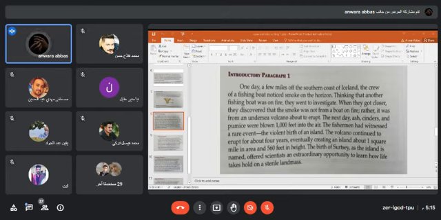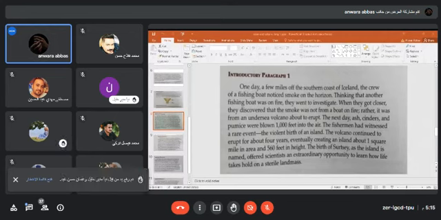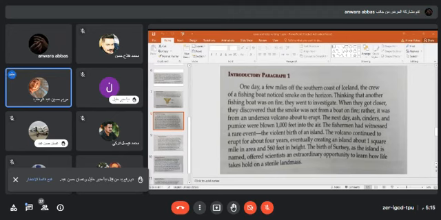Mariam, yes, go ahead. One day, a few miles off the southern coast of Iceland, the crew of a fishing boat noticed some smoke on the horizon, thinking that another fishing boat was on fire.